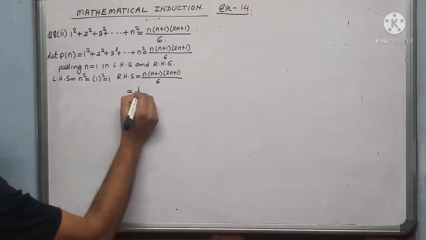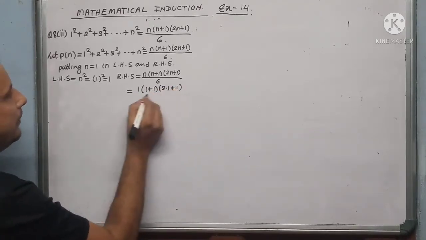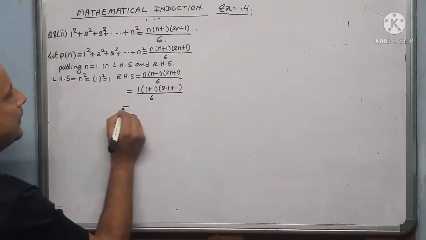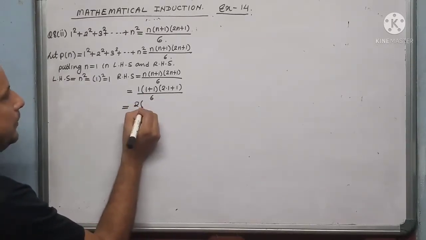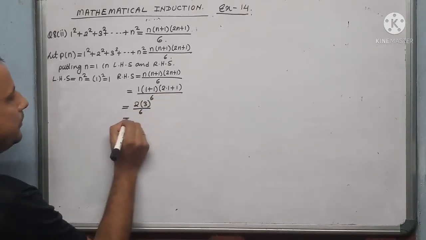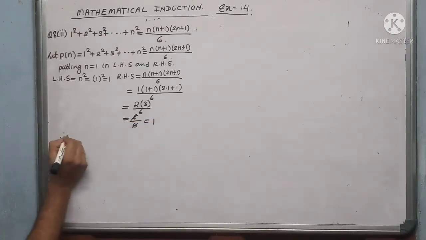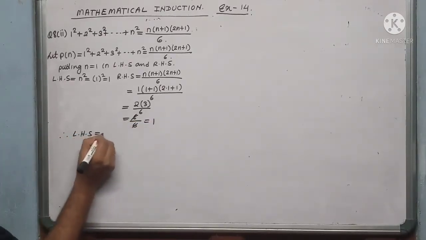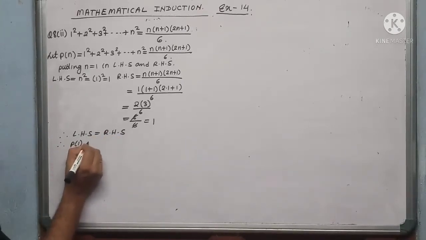Over here also I'll substitute 1 plus 1 into 2 into 1 plus 1 divided by 6. 1 plus 1 is 2, 2 into 1 is 2, plus 1 is 3, divided by 6. 3 over 6 is 1... Therefore, LHS is equal to RHS. Therefore we can write P1 is true.